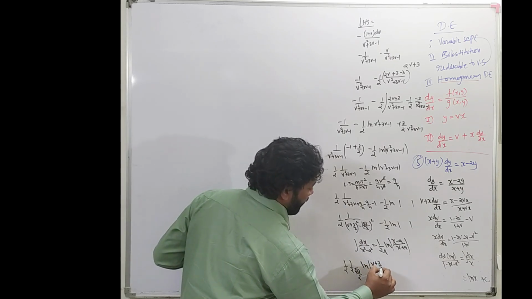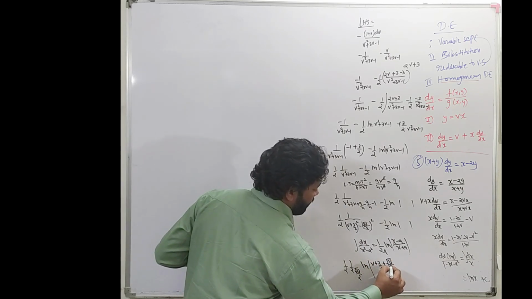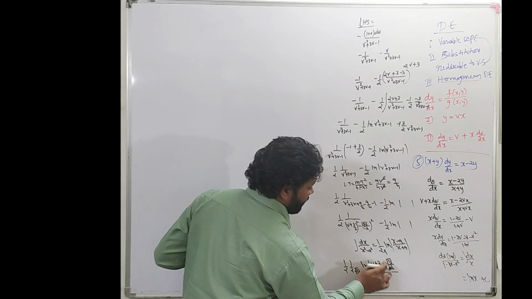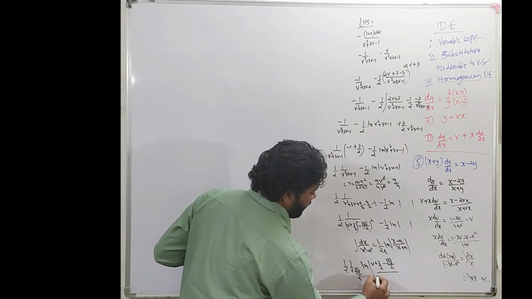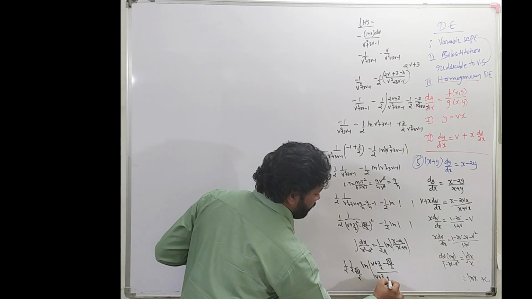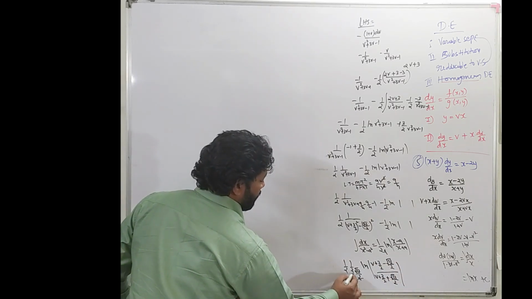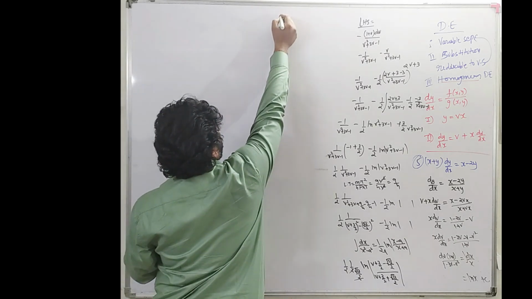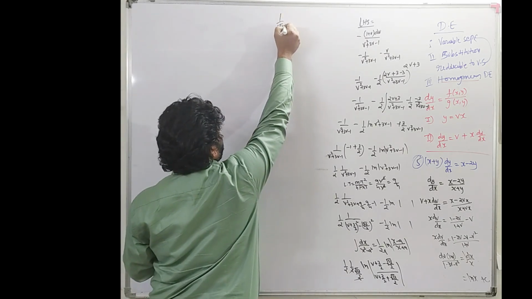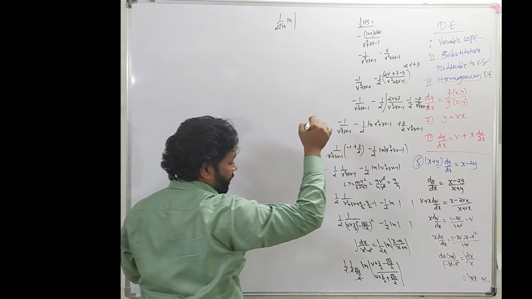So v plus 3 by 2 minus root 13 by 2, and x plus a, so v plus 3 by 2 plus root 13 by 2. These two get cancelled. So it becomes 1 by 2 root 13 ln.